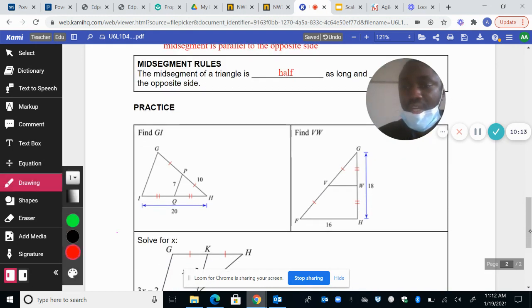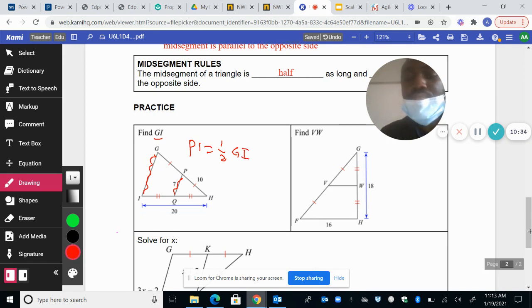Here we know GI to be the opposite side, and PQ here is the mid segment, and we know the mid segment is always half of the opposite side. So PQ equals half of GI.